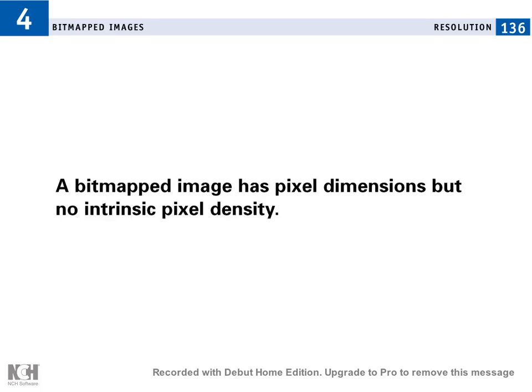Okay, and the bitmap image has pixel dimensions, but no intrinsic pixel density. So actually, for an image or digital image, they just have the pixel dimensions, but they don't have the distance inside it.